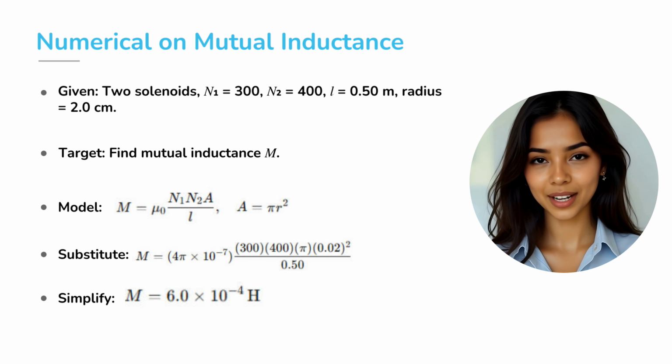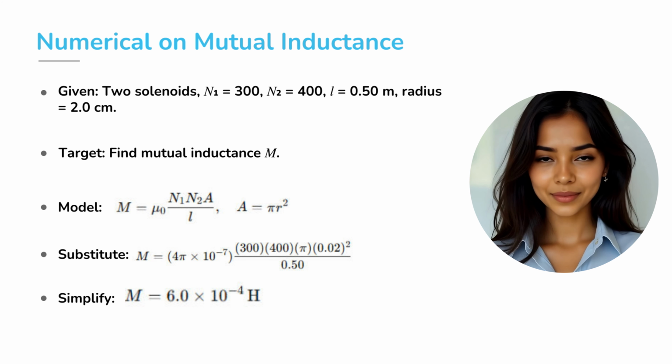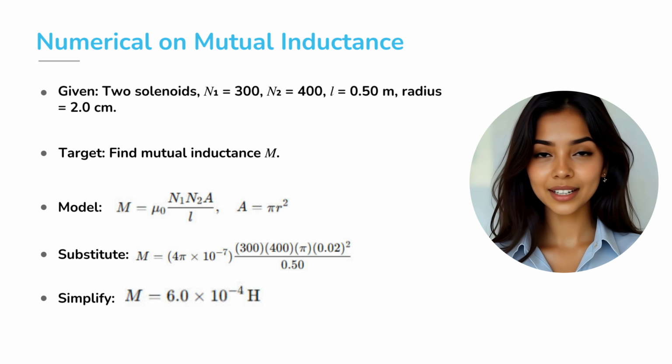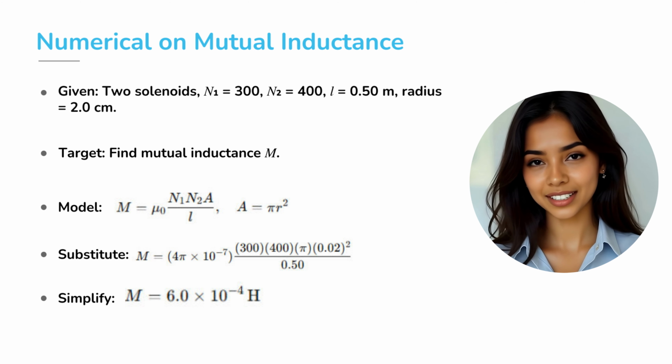Divide the whole thing by 0.50. If you calculate carefully, you'll get M equals 6.0 times 10 to the power minus 4 Henry. Notice the final unit is Henry. Always check that in exam answers. This example shows how strongly mutual inductance depends on geometry.